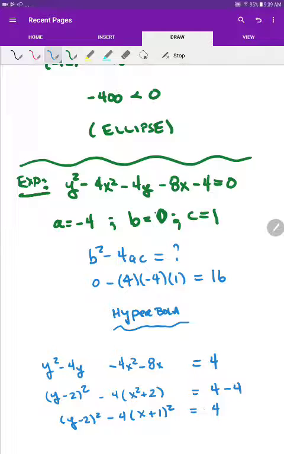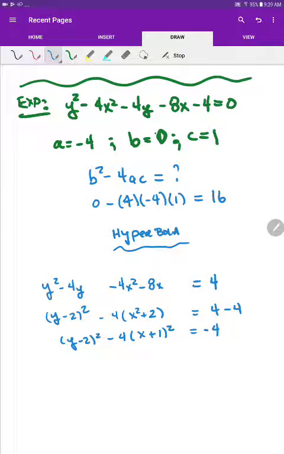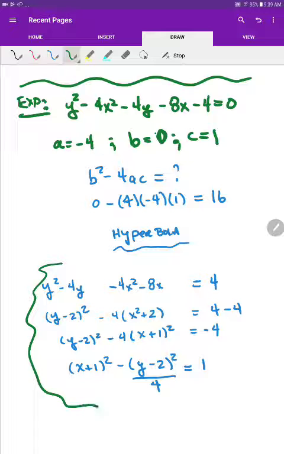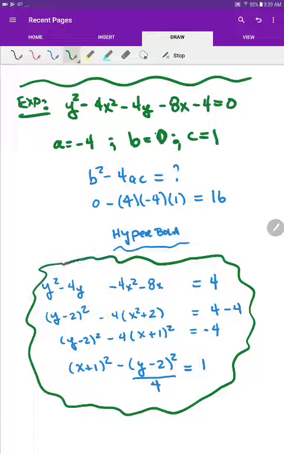And it looks like a minus 4 even, after I multiplied it by minus 4. So I end up with x plus 1 squared minus y minus 2 squared over 4 equals 1, when I divide through by negative 1. Hopefully I didn't make a mistake in that. I'll check it and edit it if I have to.